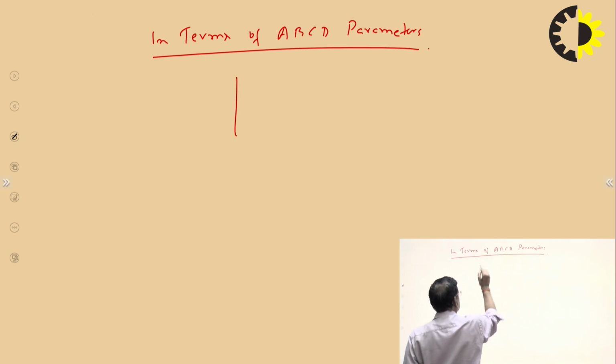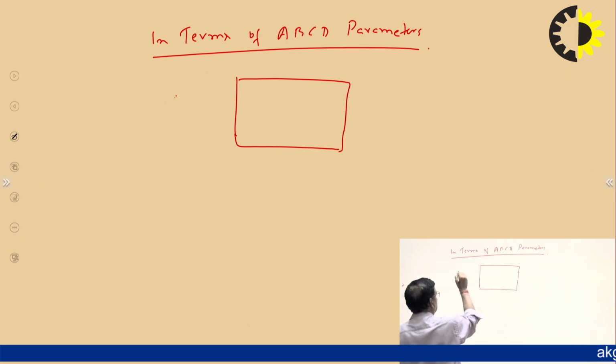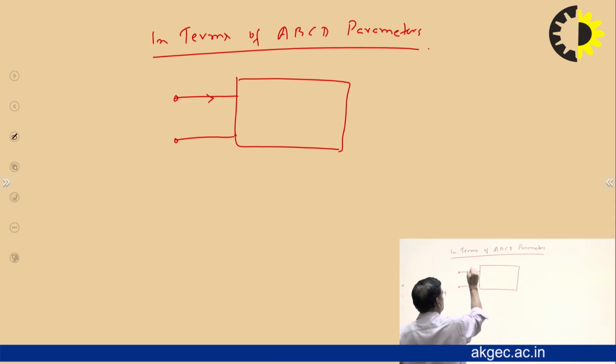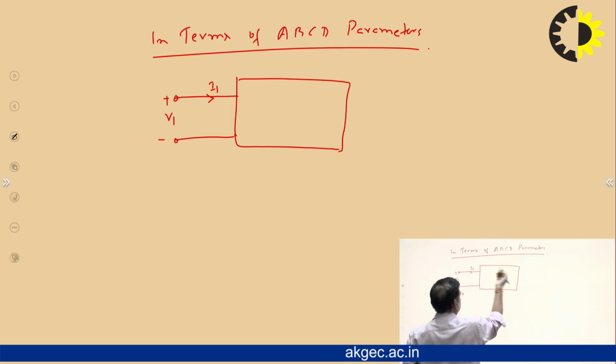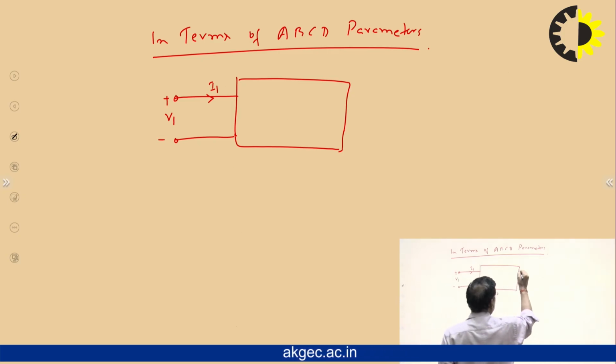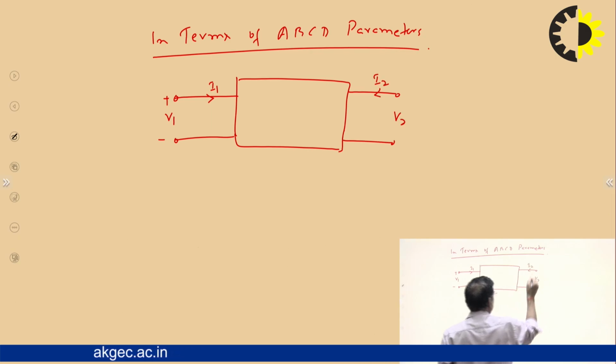Again draw this two-port network. This is your input port, I1, V1. This is your ABCD parameters. V2. This is your I2.